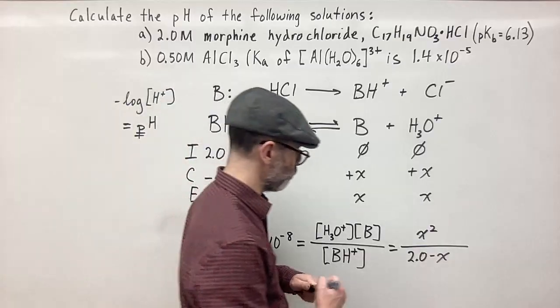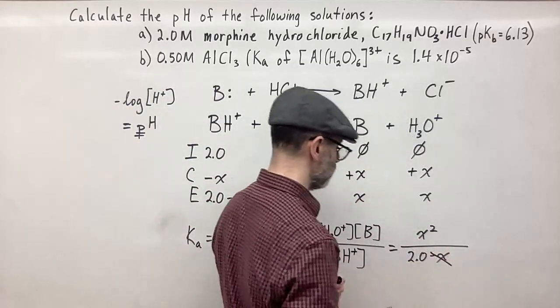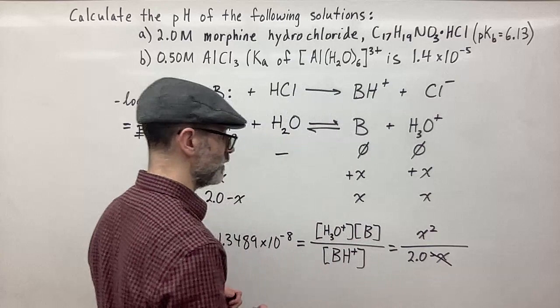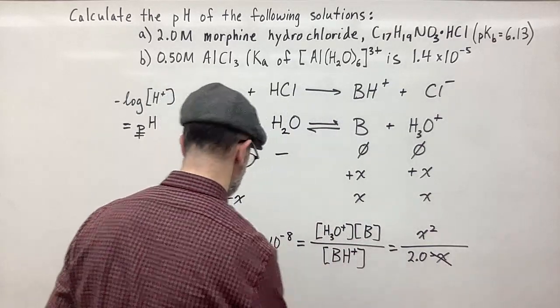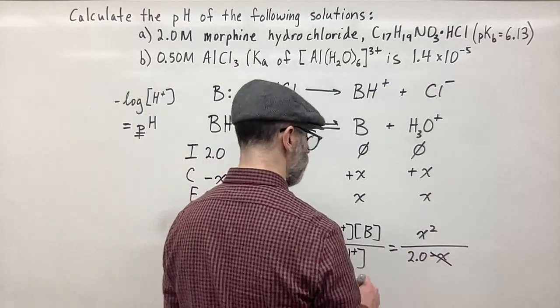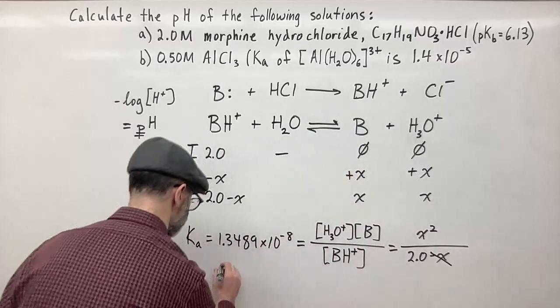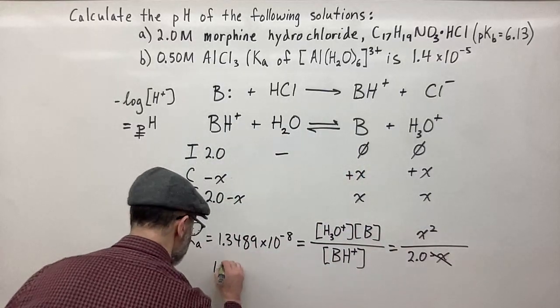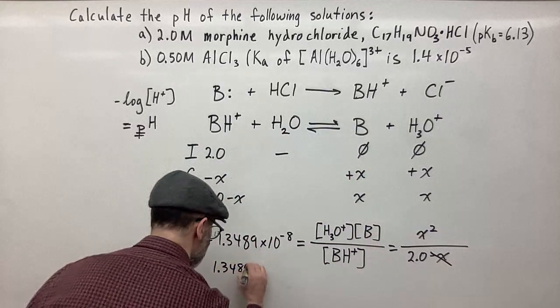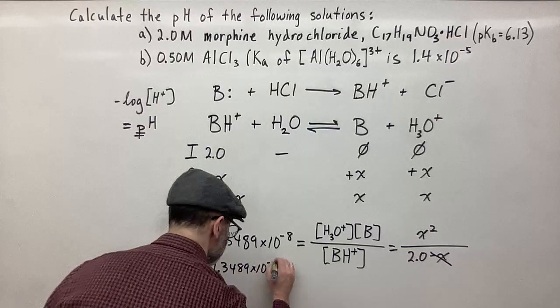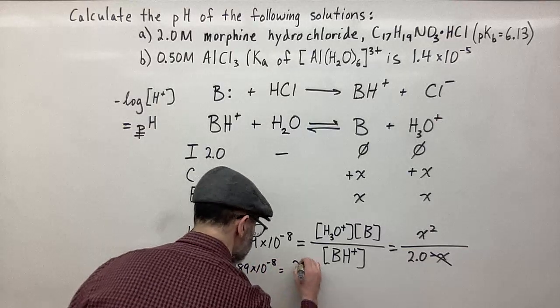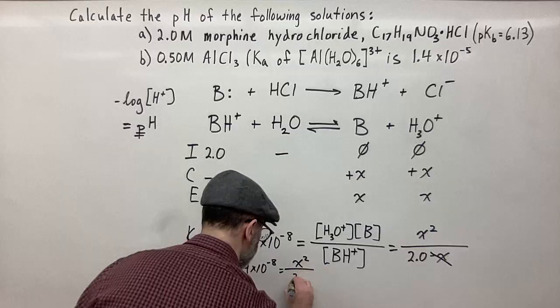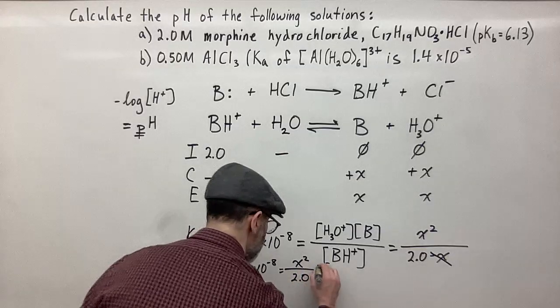So we can get rid of X here, simplify it a little bit, and so then all we need to do is solve for X. So we have 1.3489 times 10 to the negative 8 equal to X squared over 2.0.